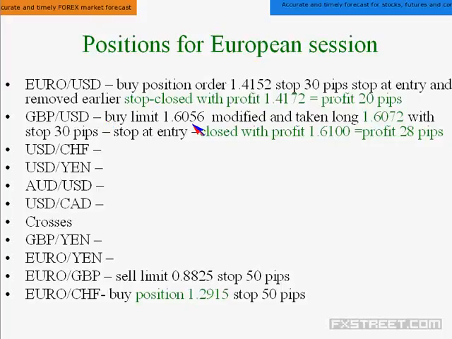Then I kept a buy limit order at 1.6056 because 1.6055 was the low still. Now they have cut the low in the case of GBP by 1 pip. Now 1.6054 has become the low, and I modified the order because it was not filled, and I took a buy position at 1.6072 with a stop of 30 pips. Subsequently when they went to 1.6080, 1.6085, I kept the stop at entry.